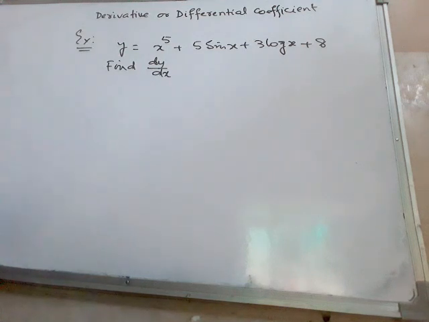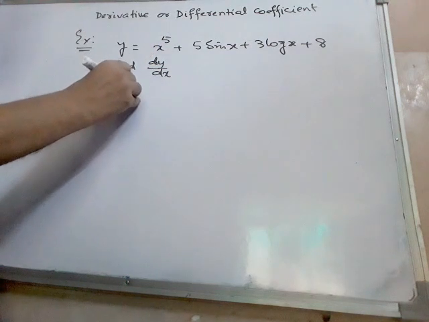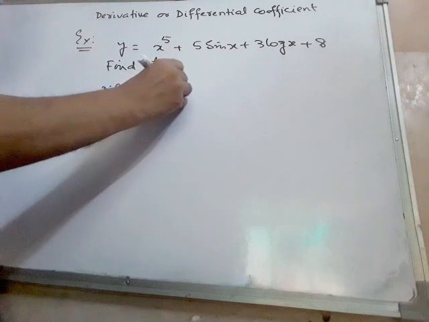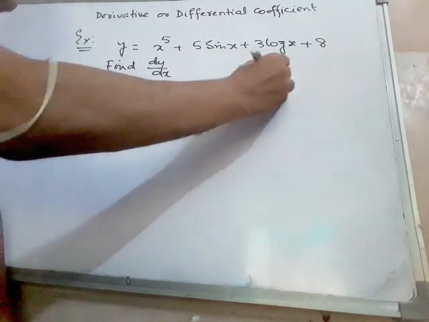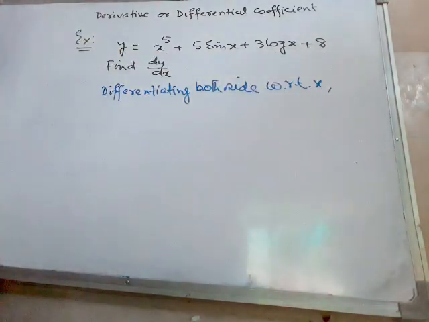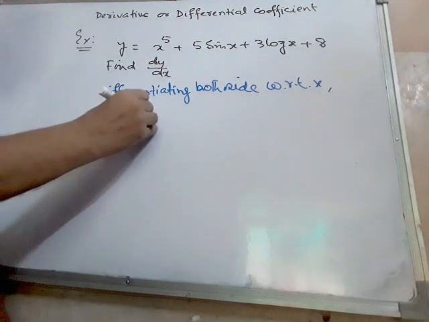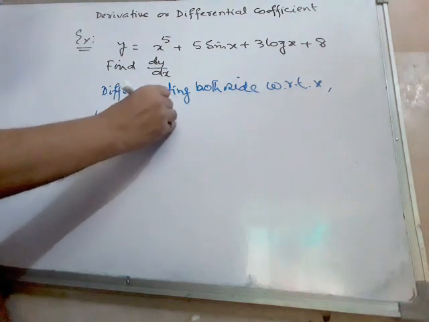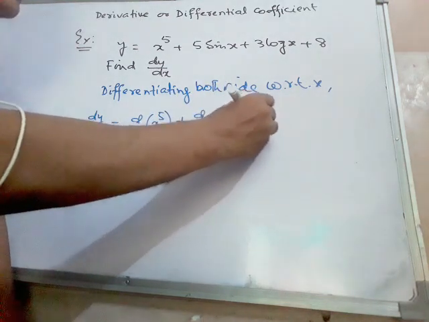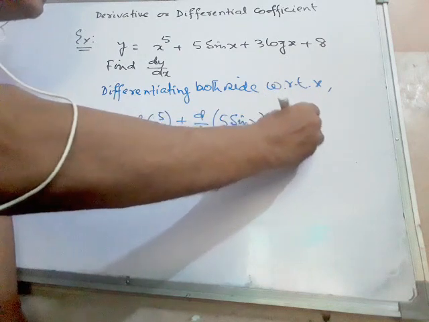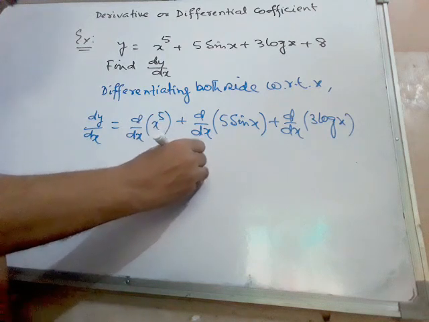In this case, since y equal to that, differentiating both sides with respect to x, what we get is dy by dx equal to d/dx of x to the power 5 plus d/dx of 5 sin x plus d/dx of 3 log x plus d/dx of 8.